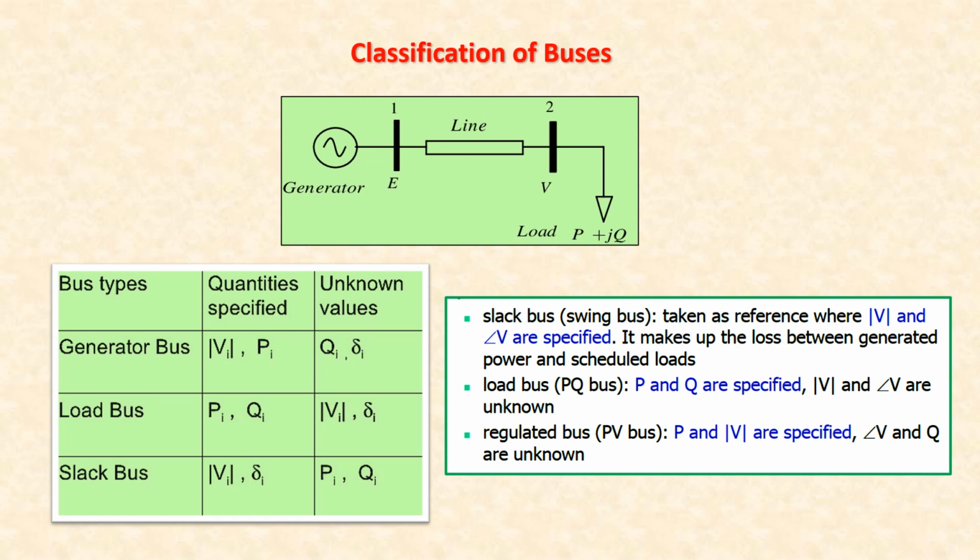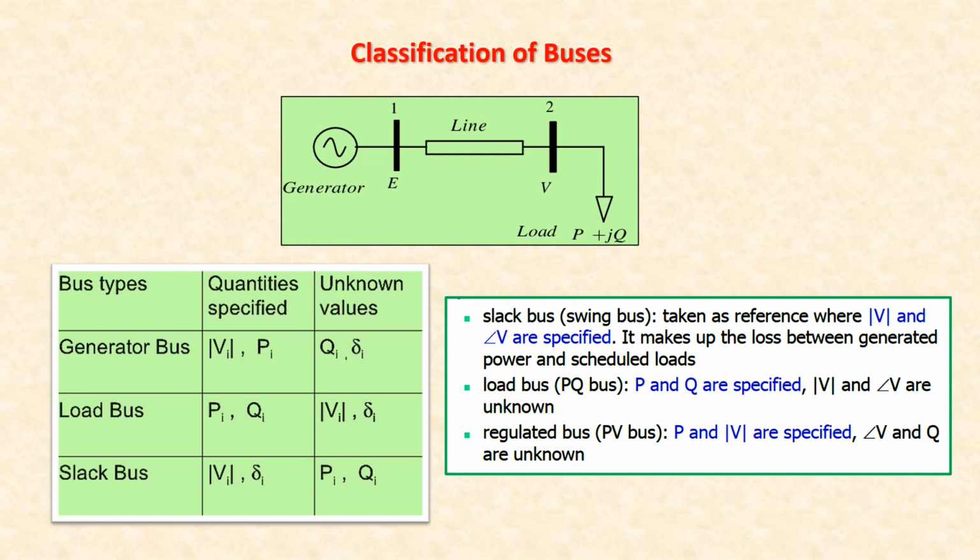So for a generator bus, the quantities which are specified are the voltage magnitude and the power, that is Pi and Vi, which you can see in the table. For this generator bus, also known as PV bus, the values of Qi and delta i are unknown, so that will be evaluated when we solve the load flow equations.